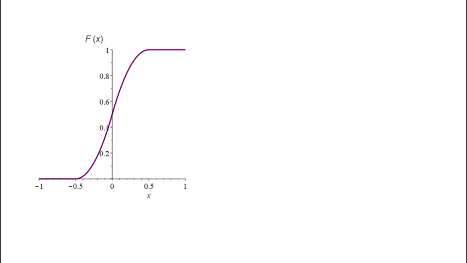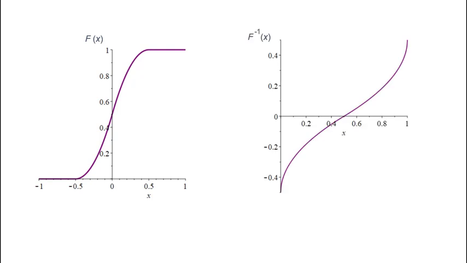In this example, the inverse function looks like this. It's the inverse function that does the transforming for us. We generate a random number on 0,1, then run it through f inverse to get a new number that can model one taken from the triangular distribution shown a moment ago.